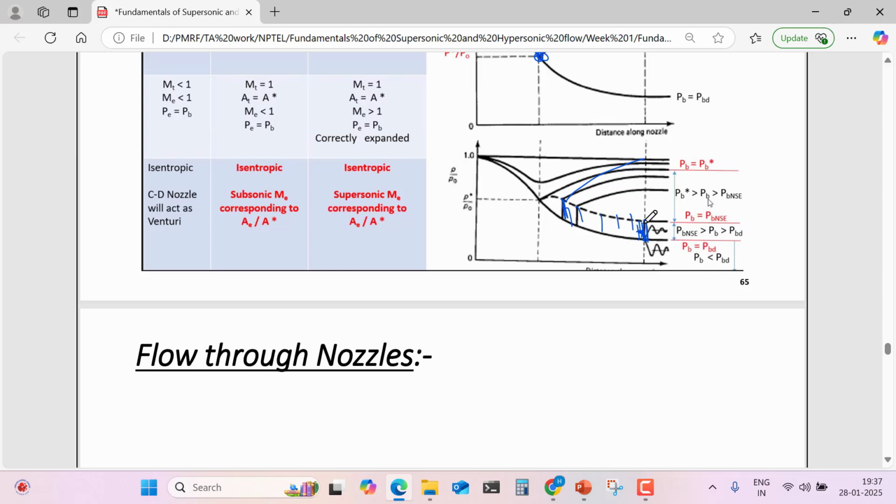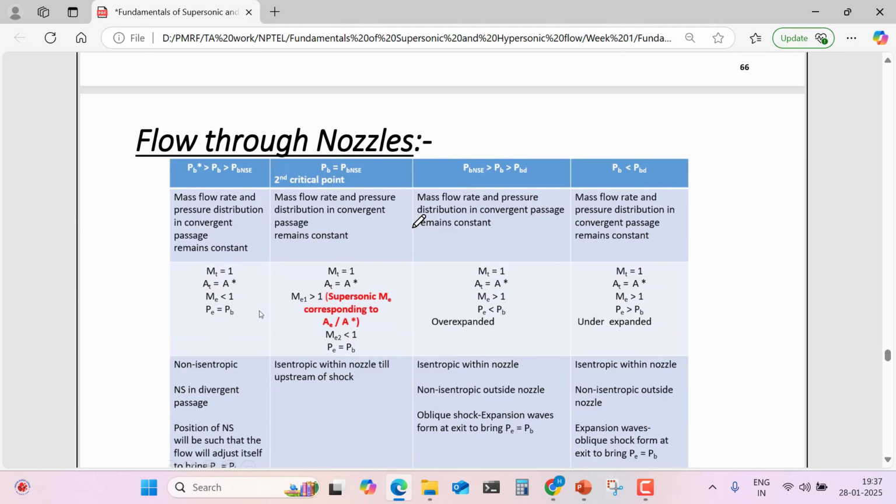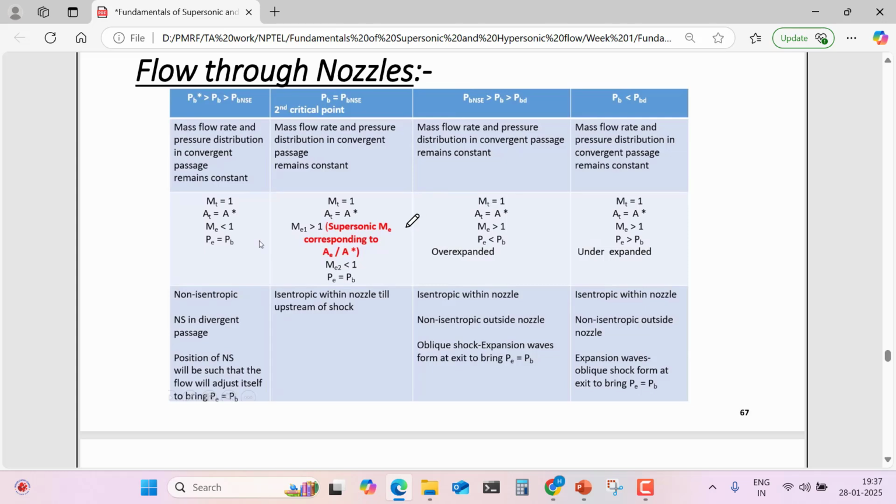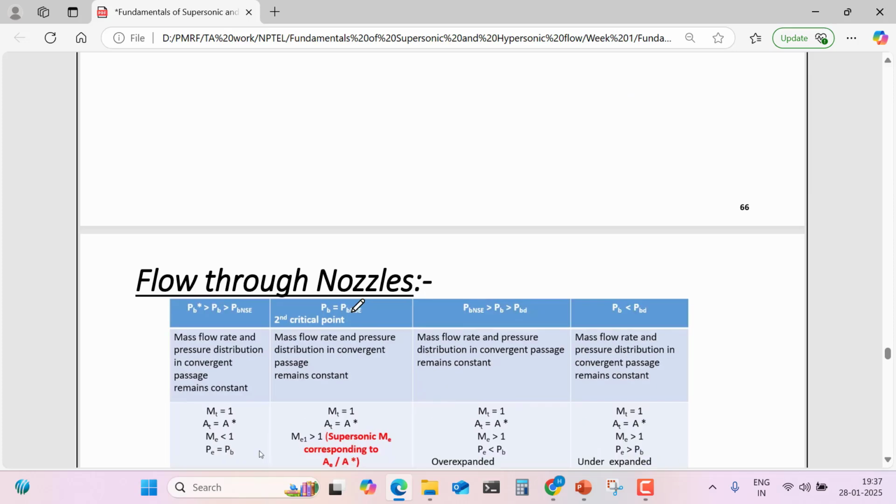Similarly for pressure, one side will be related to the supersonic condition, and the other side will be equal to the back pressure. So P equals back pressure. It will remain isentropic till the upstream of the shock.